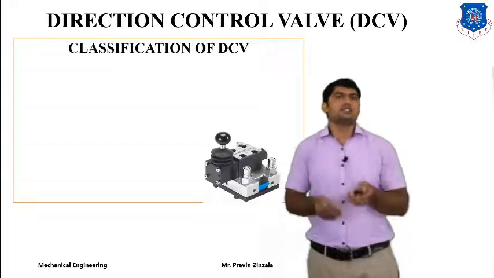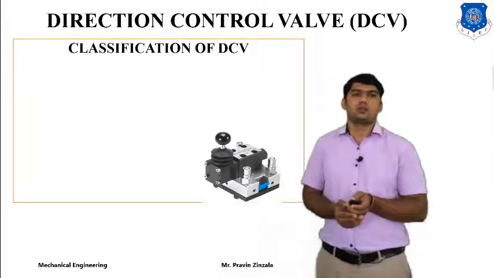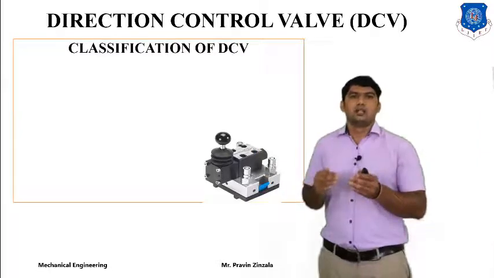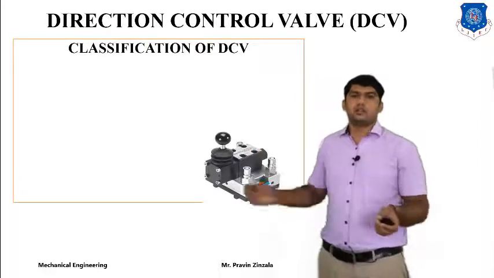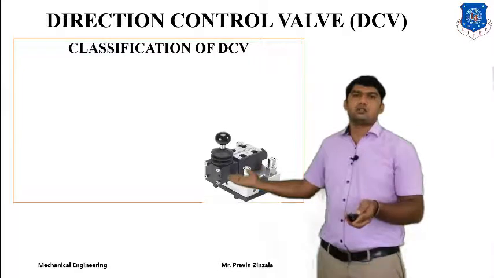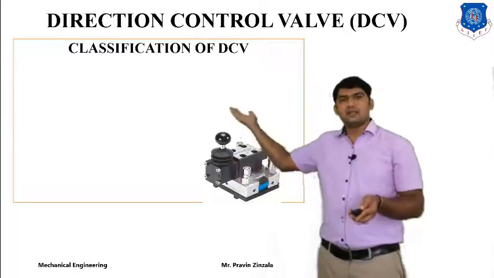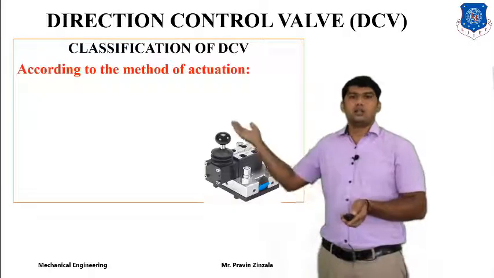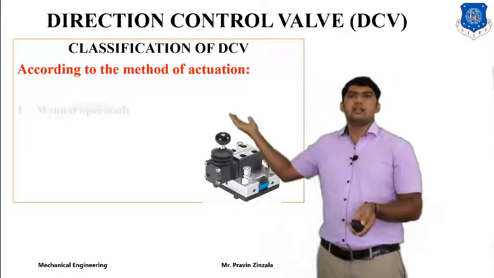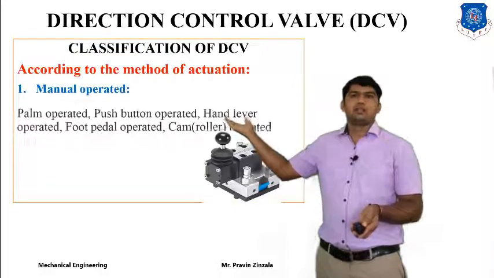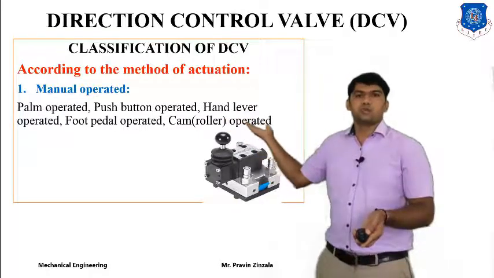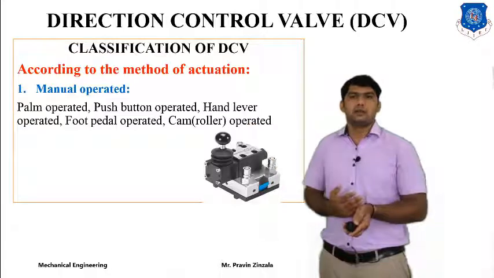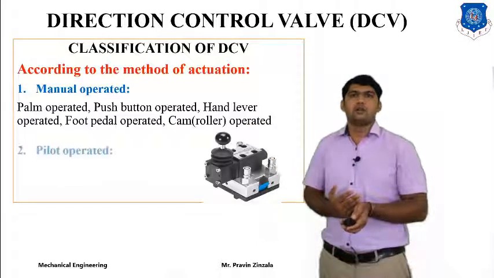Next is direction control valve. Now we will discuss the different types of direction control valve: what the requirement of a direction control valve is, how we use it, and examples of direction control valve. So this is the direction control valve diagram. First we discuss the classification of direction control valve according to the methods of actuation. First is manual operated, like palm operated push button, hand lever operated, foot pedal, or cam operated, different types of manual operation.